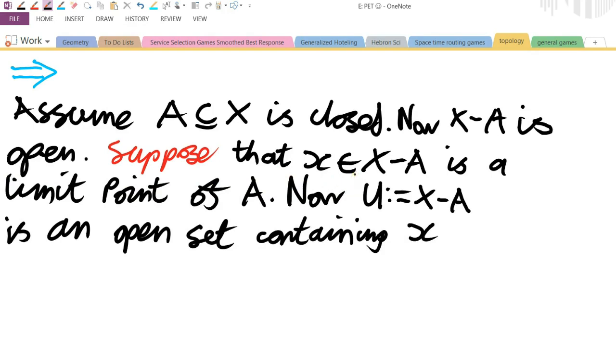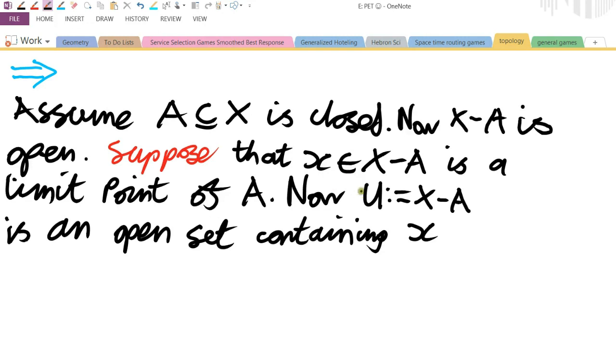And what do we know about limit points and open sets which contain them? Well, since U is an open set containing x, if x truly is a limit point, then this open set should intersect with A. It should contain points of A other than x.